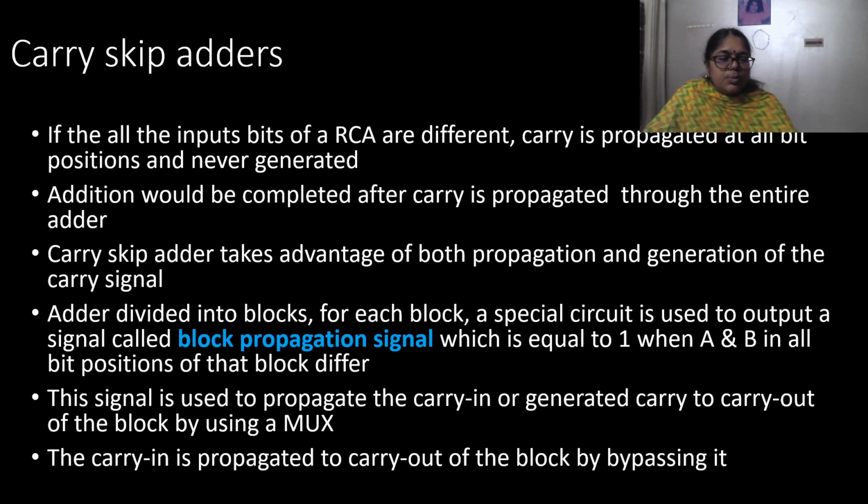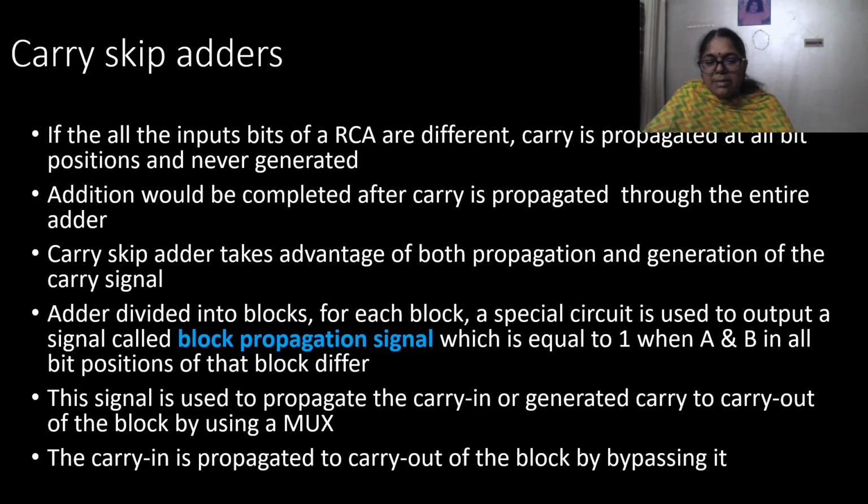This signal is used to propagate the carry in, or generate carry to the carry out of the block, by using the multiplexer. Here also we make use of a multiplexer. Select line will be the block propagation signal. If A and B in all the bit positions in that block are different, then the block propagation signal will be equal to 1.